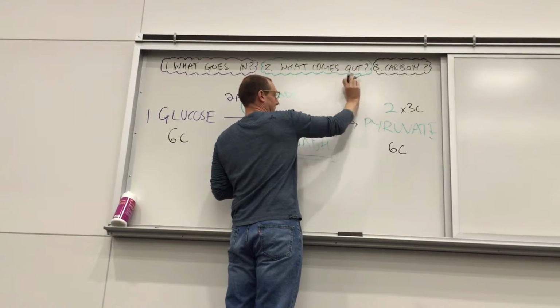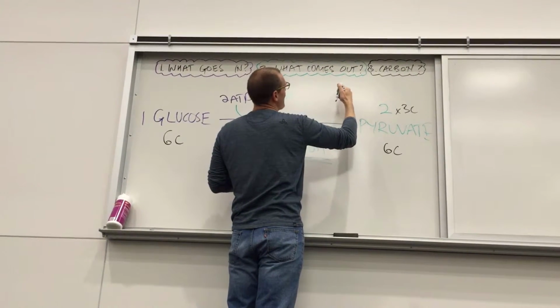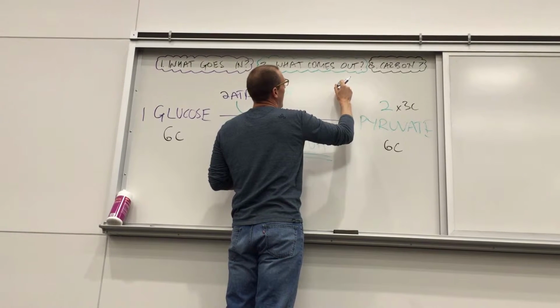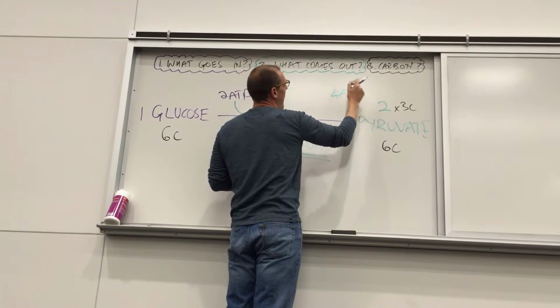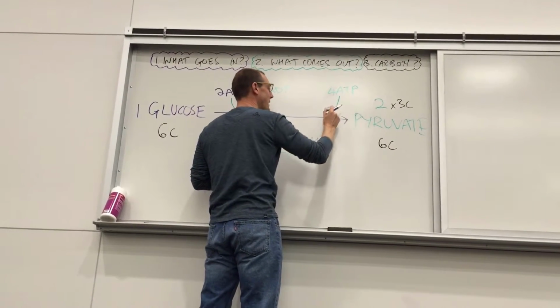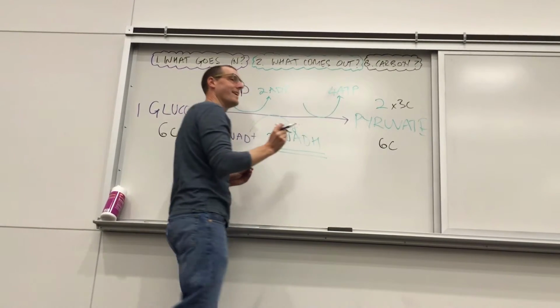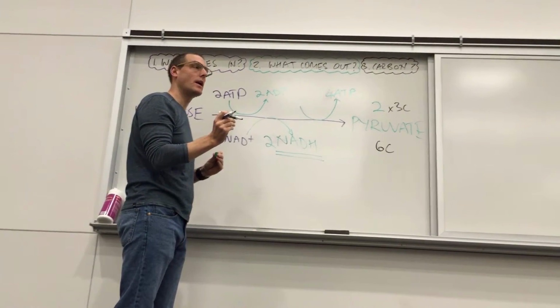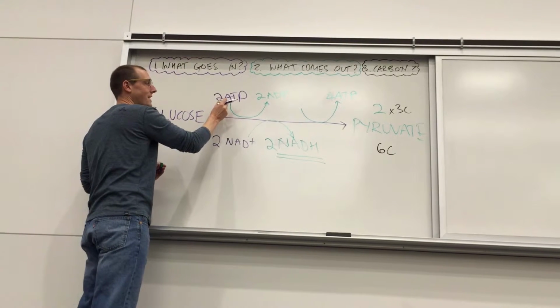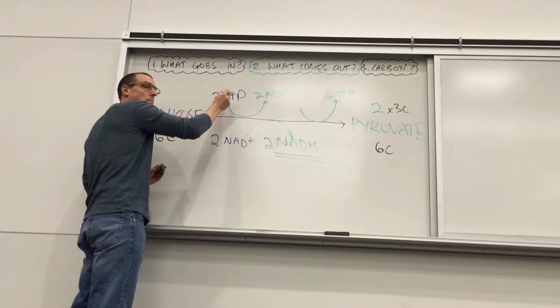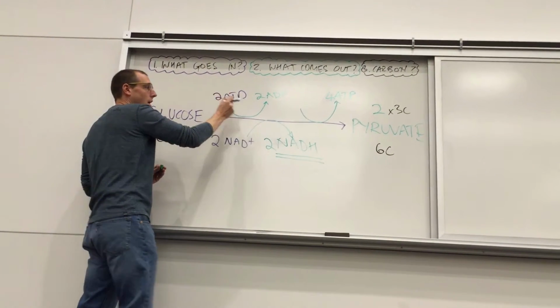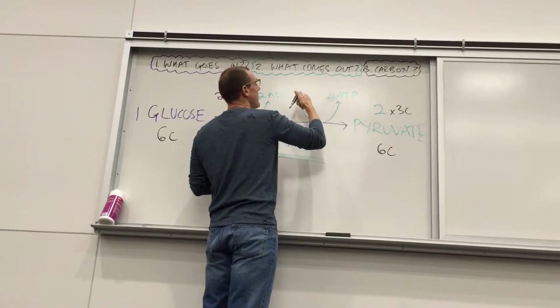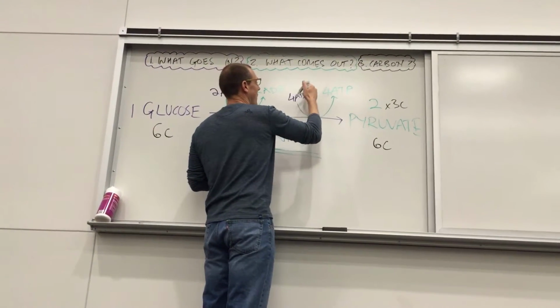What comes out? That's green. So I get 4 ATP out of this. If I get 4 ATP out, what must I put in to make ATP? Okay, if I get ADP from hydrolyzing ATP, how do I get back to the ATP? I put in ADP, so we put in 4 ADP, okay?